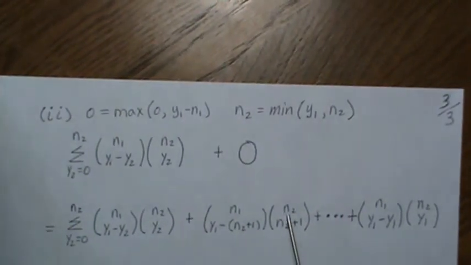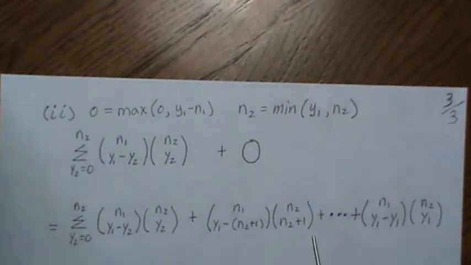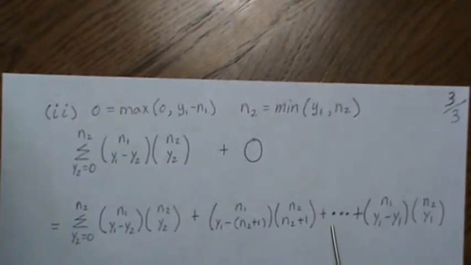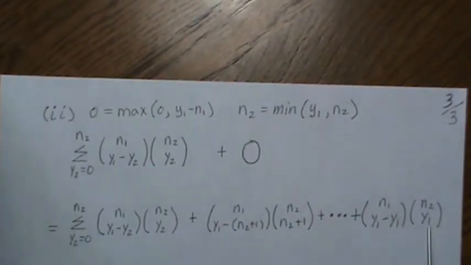Well, since this number is bigger, this is 0. And then we go to N2 plus 2, and then N2 plus 3, up to whatever Y1 is.